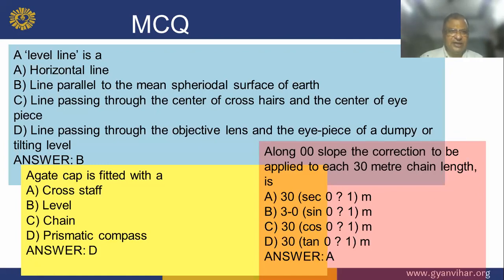Next question: a level line is horizontal or vertical. Which answer is correct? The correct answer is B, a line parallel to the mean spherical surface of the earth. And next question: a gate top is fitted with a... Yes, give a reply.